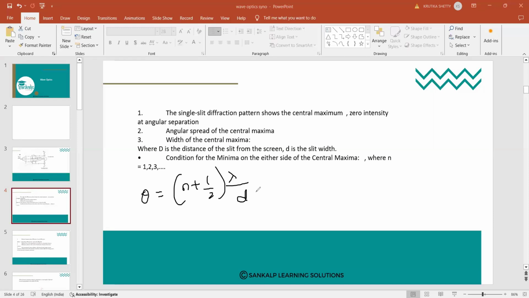This is for the diffraction maxima. Similarly, for minima, theta is equal to n lambda divided by d. So this is the formula for the maxima and the minima.